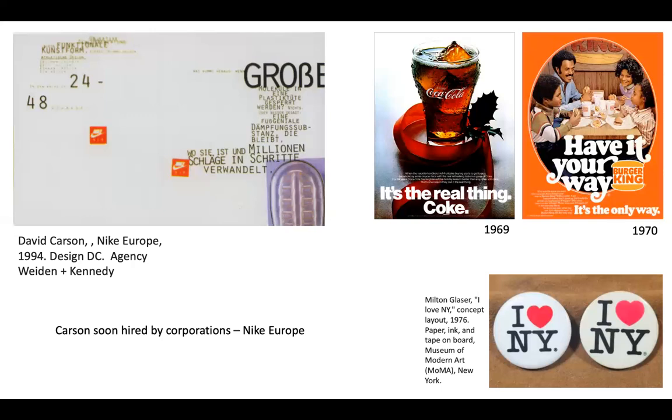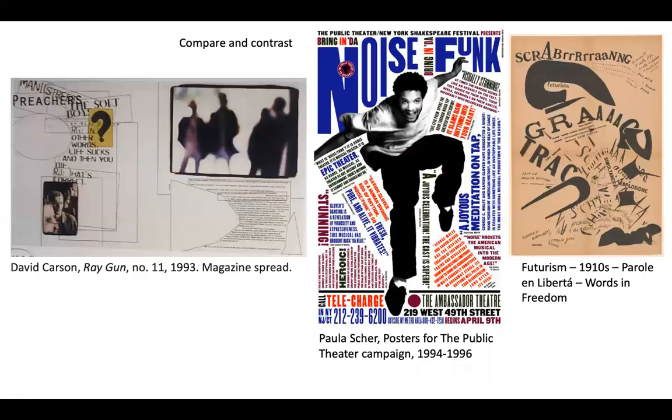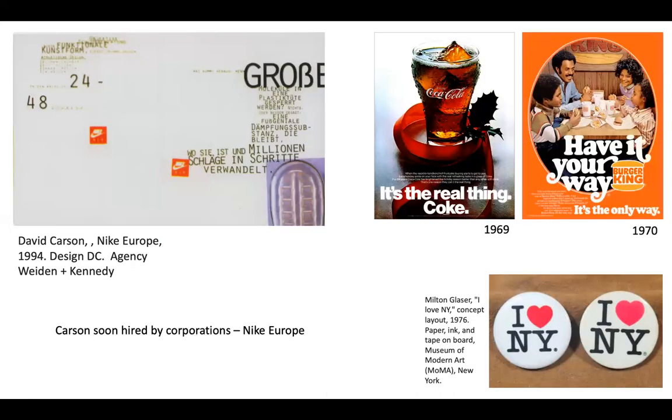So this tells you how interesting this is, right? Because in the prior image, we are looking at a counterculture. I mean, he's working within the music industry, but in here, he's working with a corporation, and within a year, this corporation adopts this style, at least temporarily, in Europe.